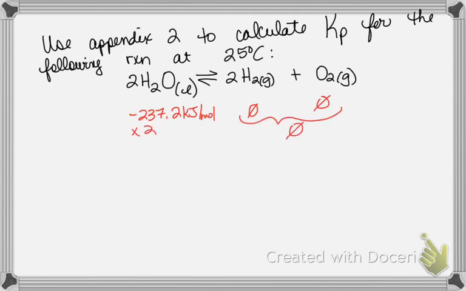So the products is 0. So products minus reactants is 474.4 kilojoules per mole. That's the delta G standard because it's products minus reactants, which have a negative number.